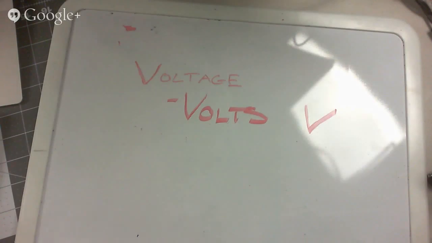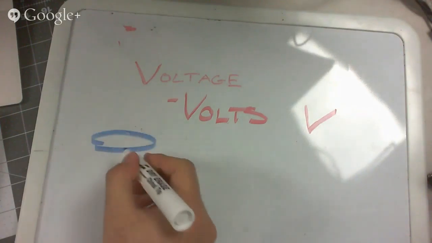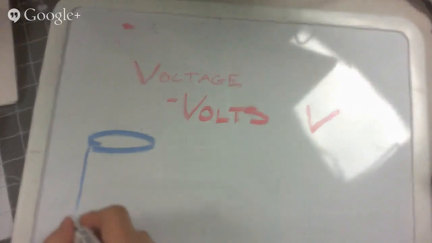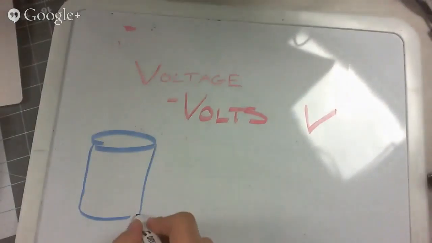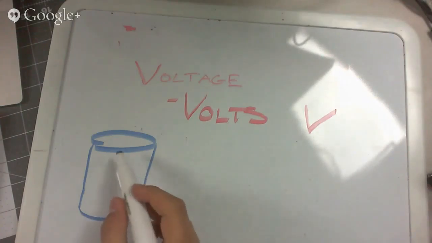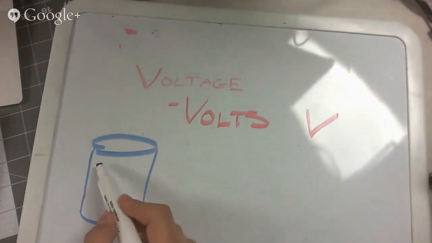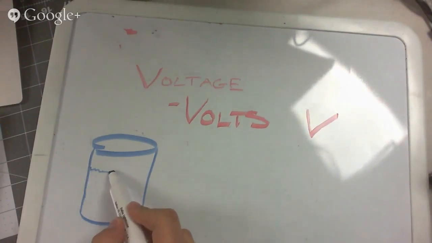The way to think about it, and this is the way I was taught, is the famous water analogy. Now, I'll get a lot of hate mail because, yes, water is not an exact analogy, it doesn't hold perfectly. But think of a big barrel filled up with water.